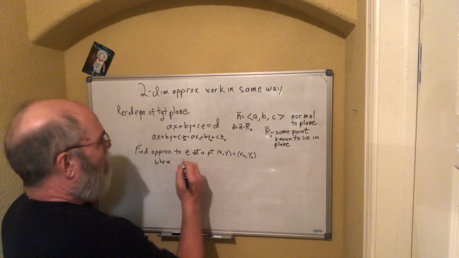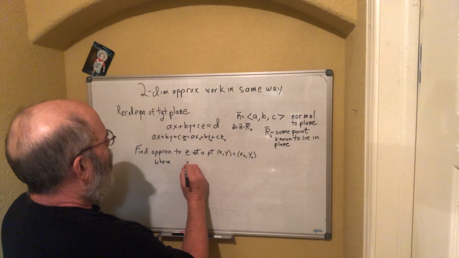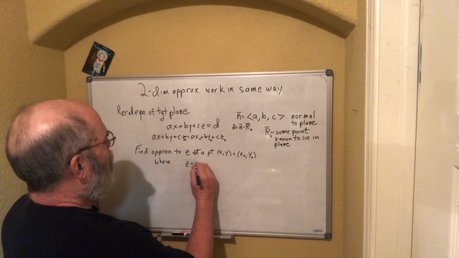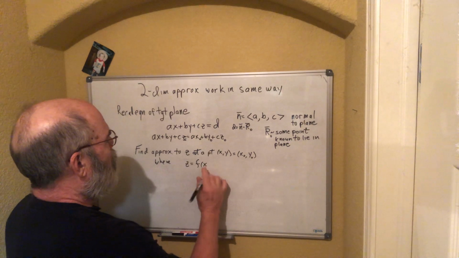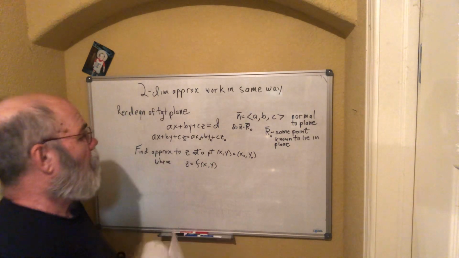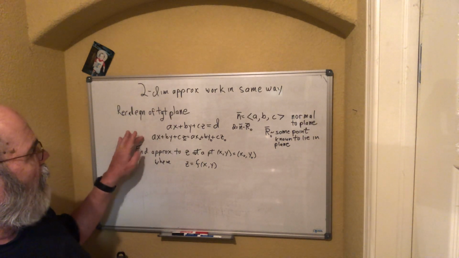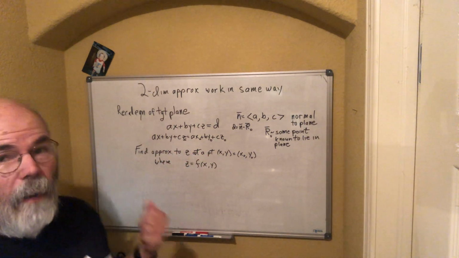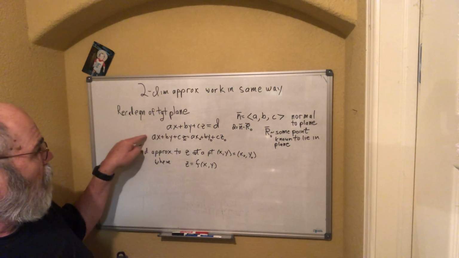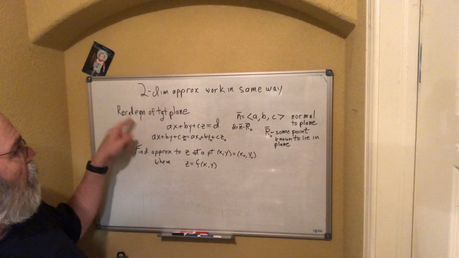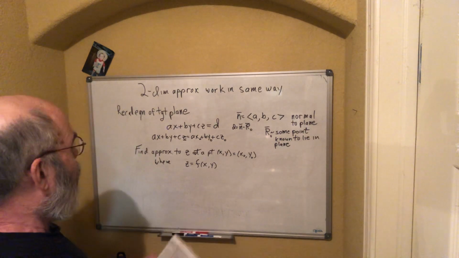Where the exact value that we're looking for, Z, is the two-dimensional function at X and Y. Okay? So once again, we're going to take this and approximate the original nonlinear function with the plane and solve it to give us these approximations.